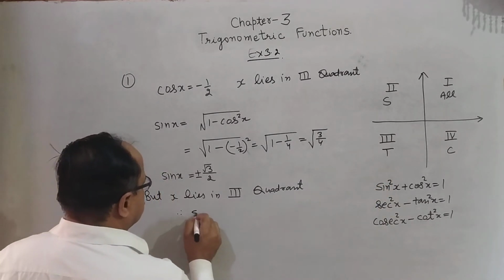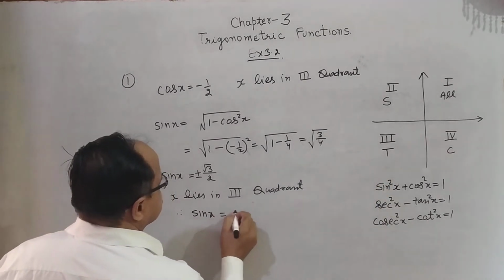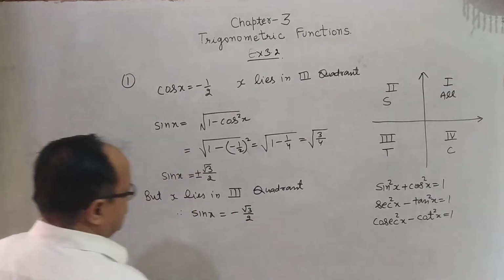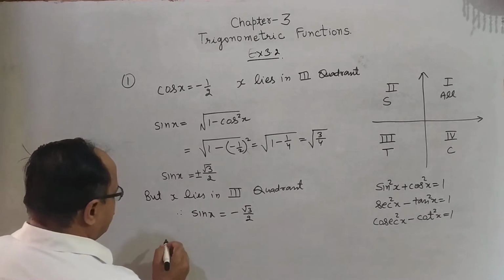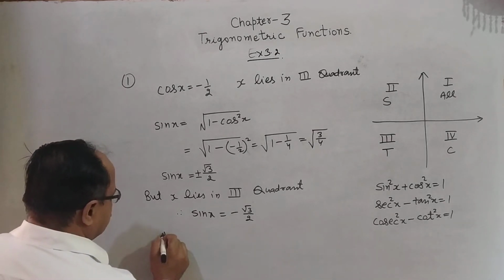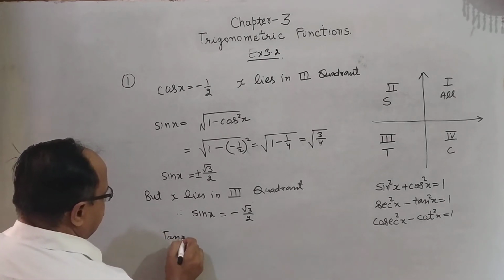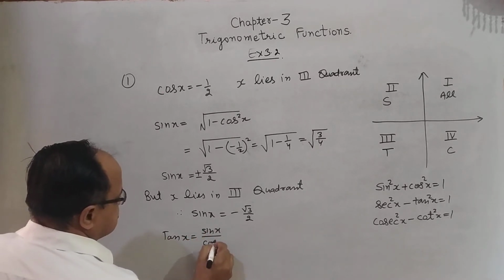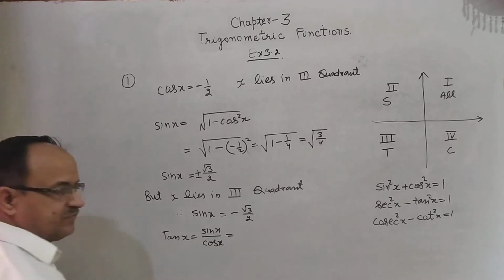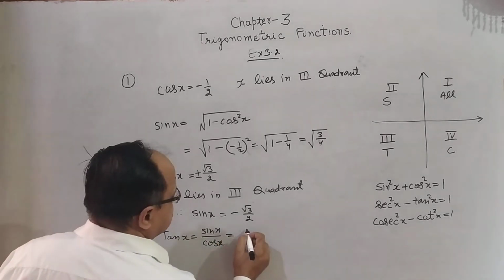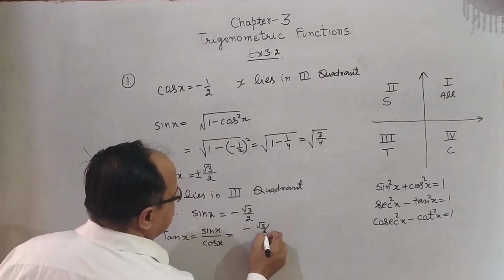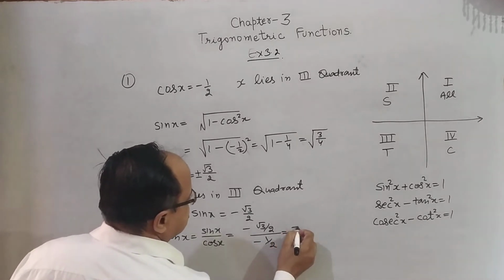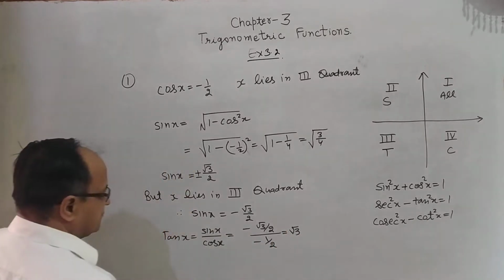So therefore, sin x is equal to minus root 3 by 2. With the help of this, you know that tan x is equal to sin x by cos x. Minus root 3 by 2 upon minus 1 by 2 is root 3.